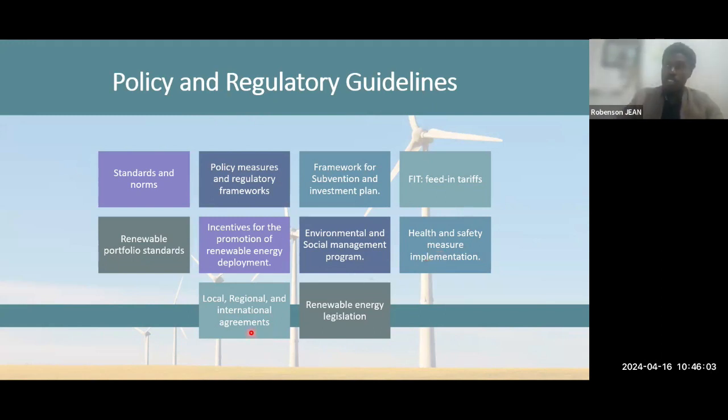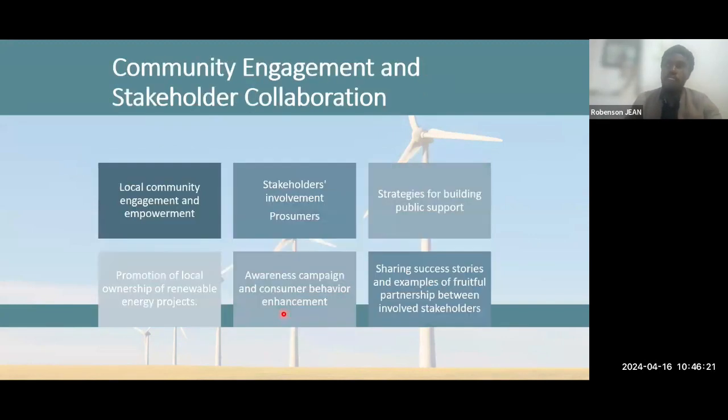So we have to consider local, regional, and international agreements and renewable energy legislation. All of this will help to support the process of optimization of our renewable energy sources. So we have to integrate all of this in the process of integration. Also, it is important that when implementing a renewable energy project, we get the local community involved.